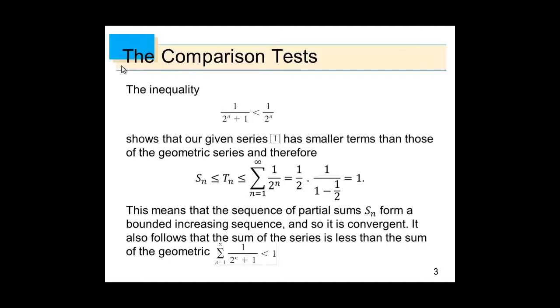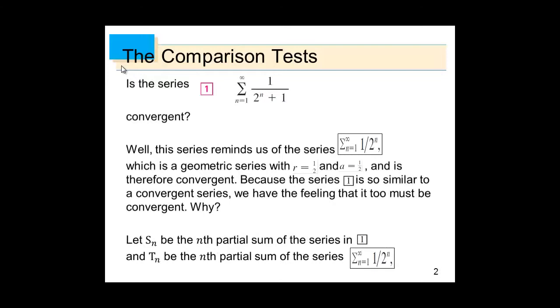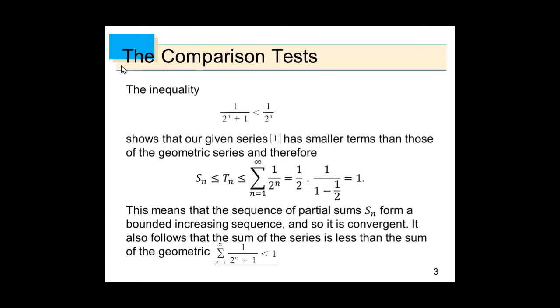It tells you that every term of the first series is smaller than the corresponding term of the second, geometric series. Remember, we have two series here, the first one and the second one being the geometric series. So every term of the first series is smaller than the corresponding term of the second series.